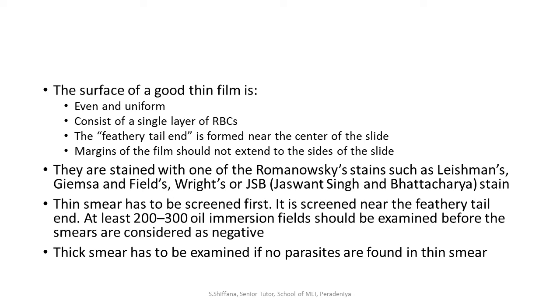So before adding the Giemsa stain, we have to do methanol fixation for 1 minute, then only can you go for the staining step. This is the difference between the Leishman stain and the Giemsa stain. The advantage of the Leishman stain is that we can directly add the stain and go for staining, but with the Giemsa stain there is an extra step of fixing with methanol.